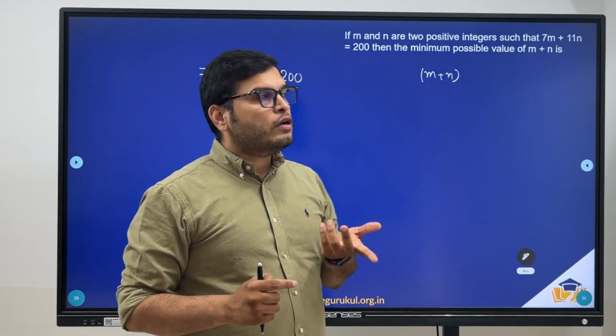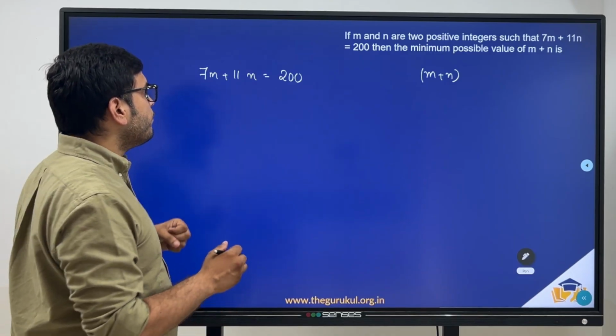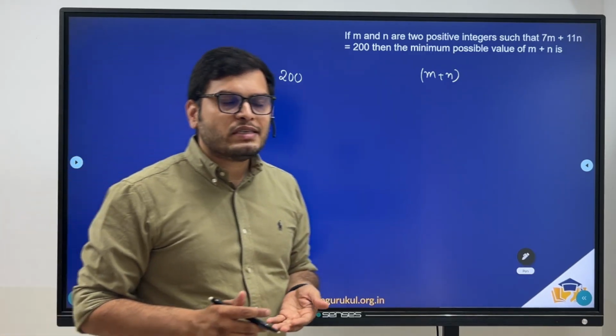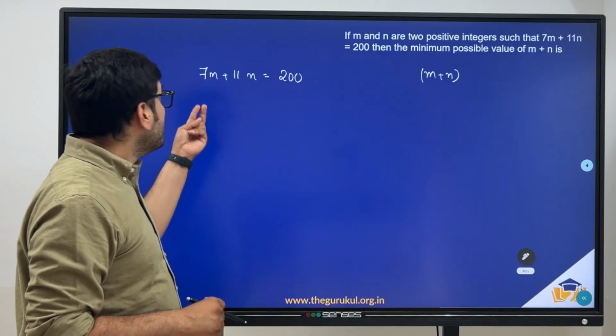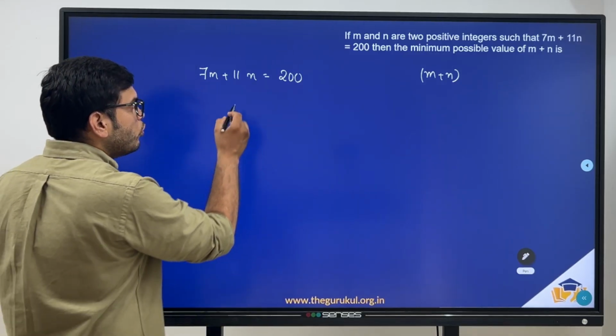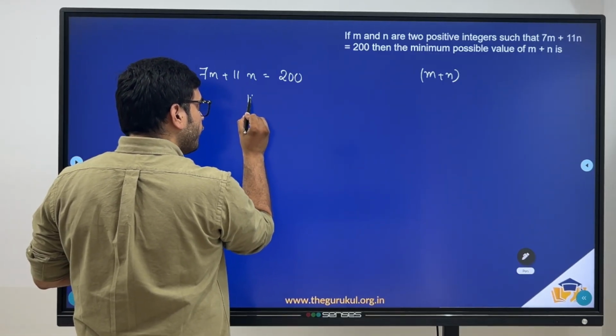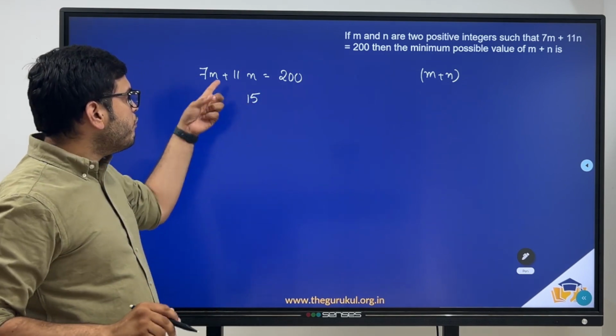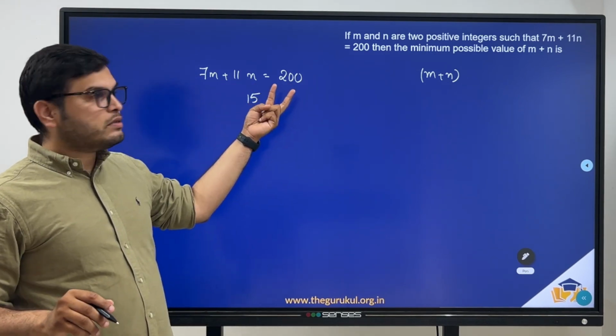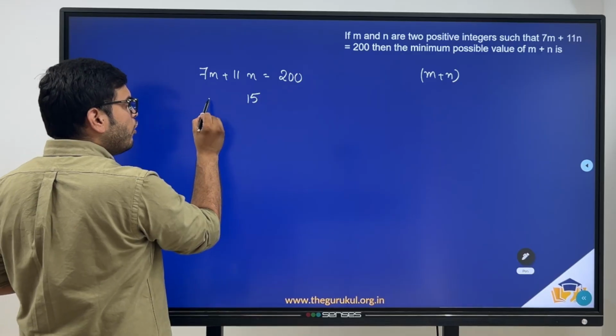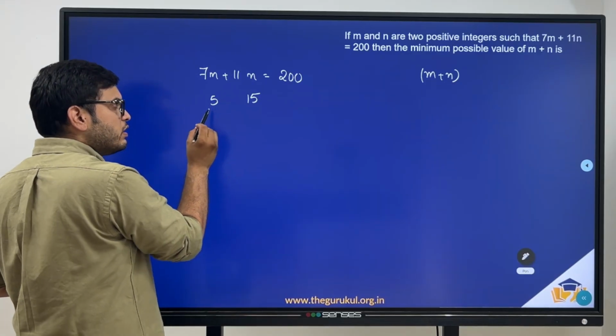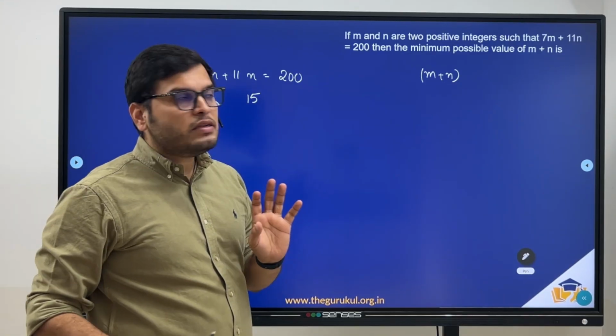Then 165: 11 into 15 is 165, and 200 minus 165 is 35, which is a multiple of 7. So when n is 15, the balance is 35, so the value of m has to be 5. 7 into 5 is 35, and 35 plus 165 is 200.